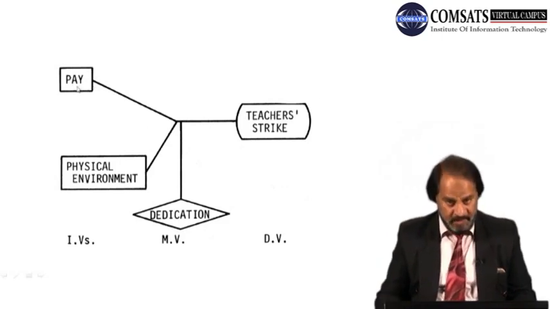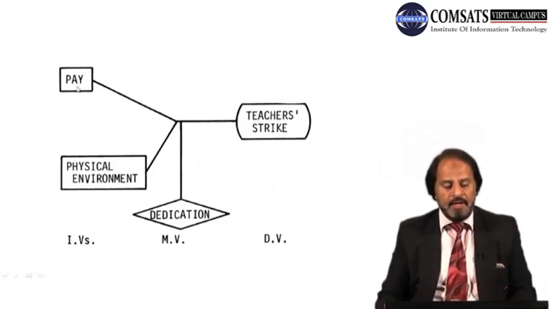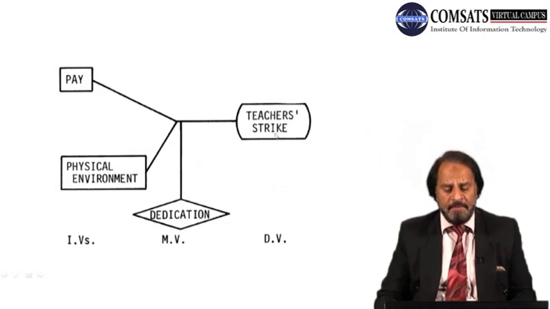Depending on the angle we are taking, we're saying the lower the pay, the higher the chance of teachers going on strike. Another would be, the worse the physical environment, the higher the chances of a teachers' strike.